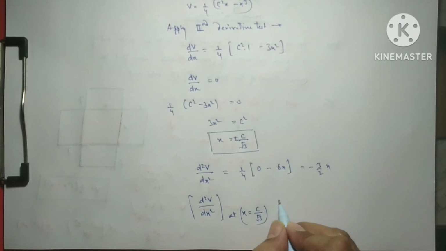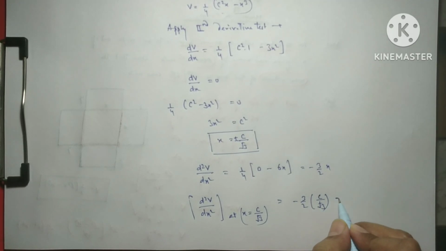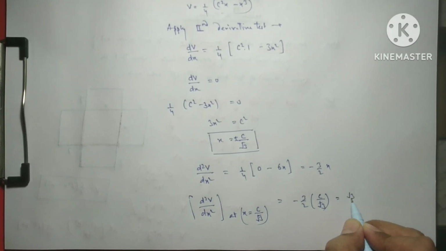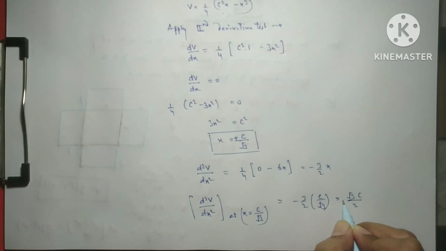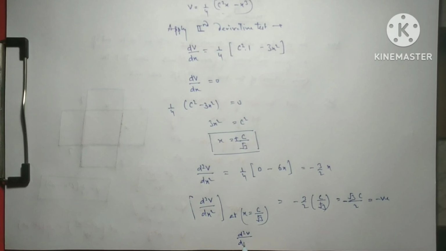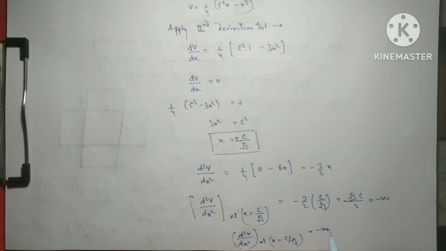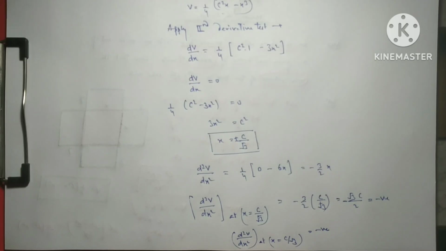When we put this, it is minus 3 by 2 into c over root 3. So we get the negative value, minus root 3 c by 2, and it is negative. If d2V over dx square is negative, it indicates the volume of the box is maximum.